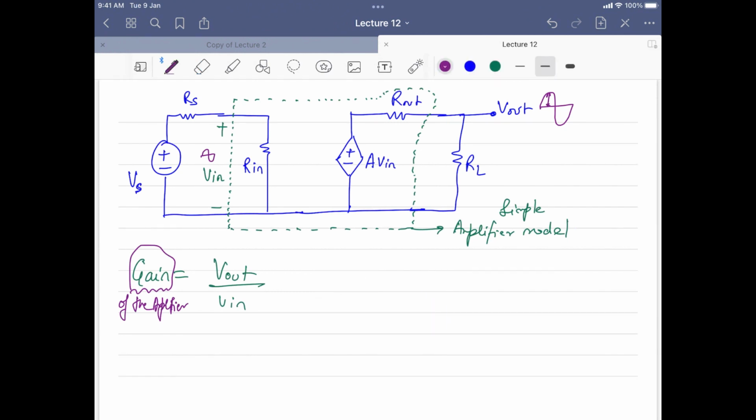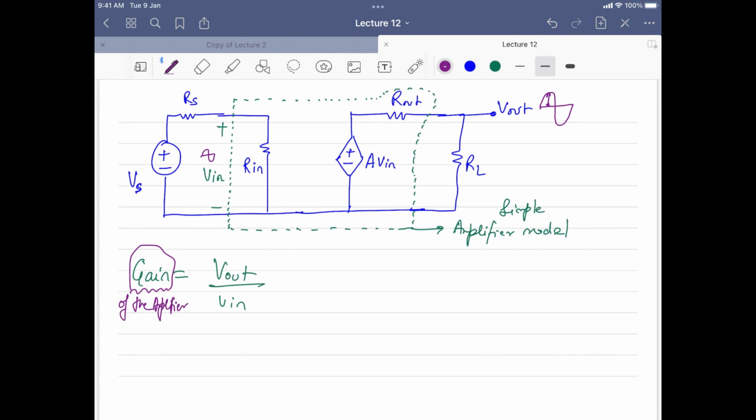Okay? Sir, you have marked this simple amplifier model, but in the examination or in general questions, will it be marked or do we have to make it out on our own? No, there is no point in marking it, this is just for explaining the concept.